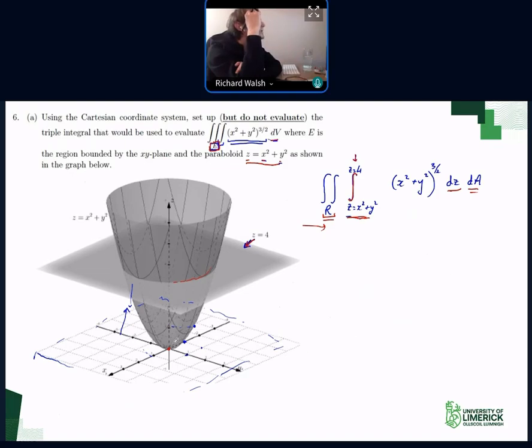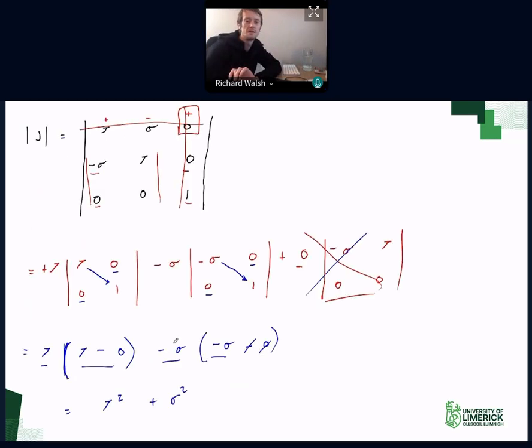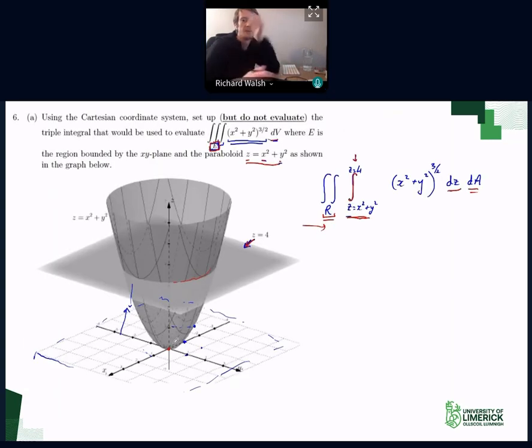If the z value was equal to 2, would that mean the x values? Let's have a look. So if the z value was 2 down here, I'll just put this as an aside.